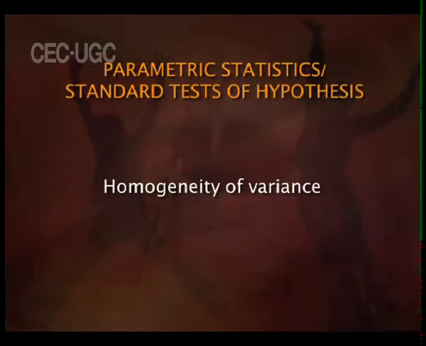Another requirement is that the variables must be continuous, or we must be able to divide the variables to any arbitrary degree or any arbitrary measure. Another assumption is that of the homogeneity of variance. The homogeneity of variance in short means that the sample or samples must be drawn from a population where variances, or means and standard deviations, are equal.